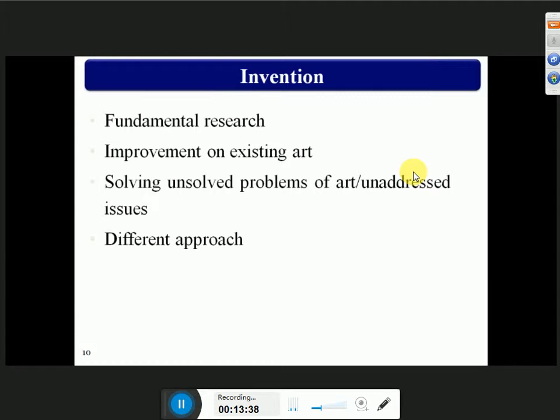So invention means what? Invention is a fundamental research or an improvement on existing art. You can solve unsolved problems of the art, an unaddressed issue, or offer a different approach. For example, we have filed a patent of a pen which can read.